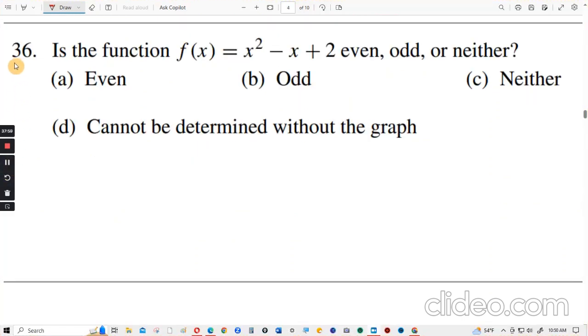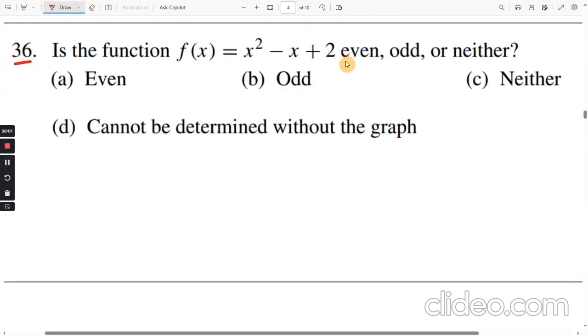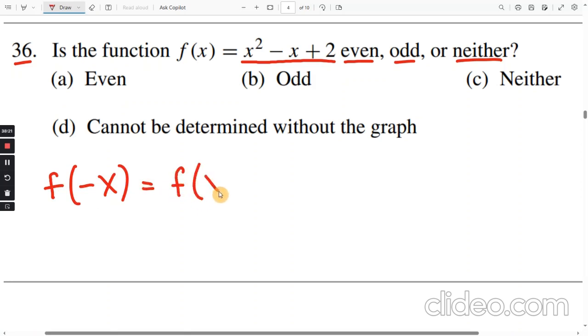All right, number 36. We're looking at even, odd, or neither, for this function right here. So what happens? Well, you definitely want to find f of -x in either case. If it equals the original, that's going to be even.